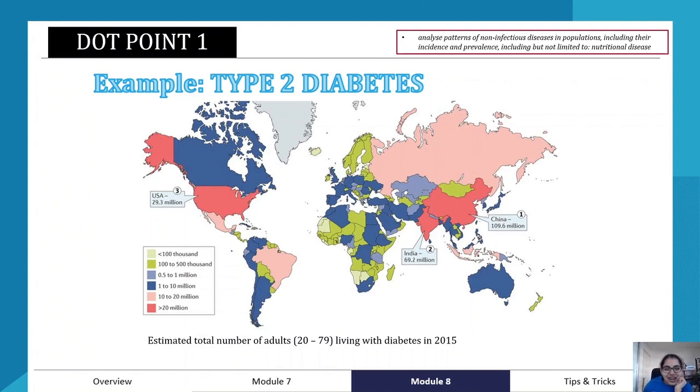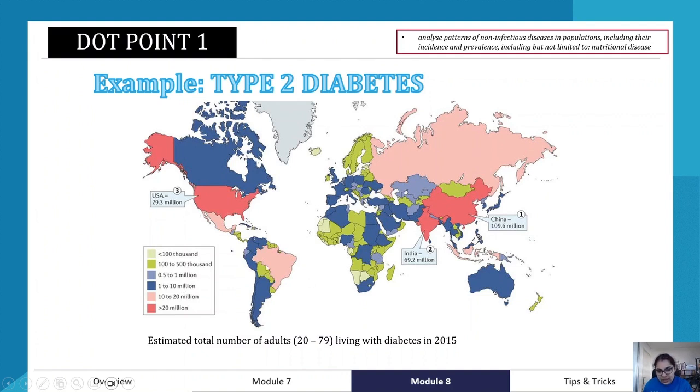But anyways, here is a map to show you the number of cases. Essentially the pink is where we've got the most cases. Parts of the US, India, and China have large numbers: 69.2 million, 109.6 million, 29.3 million.